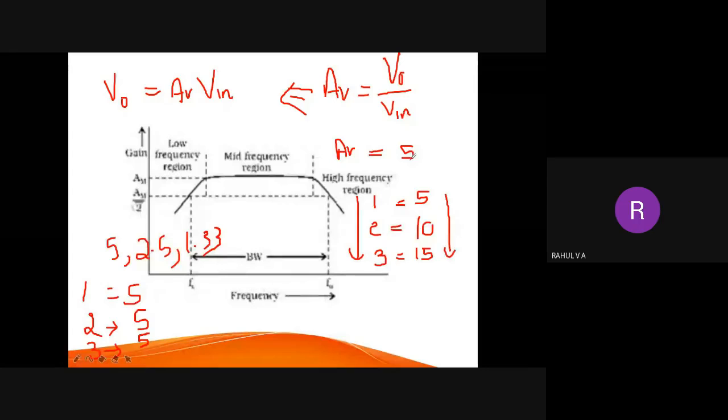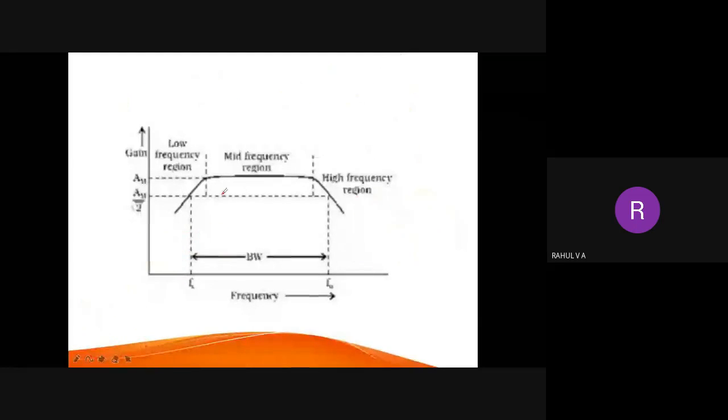Okay. So from the plot, what we understood is, in the x-axis we have frequency, in the y-axis we have voltage gain, and this is the frequency response characteristics of a common emitter amplifier. It has three regions.